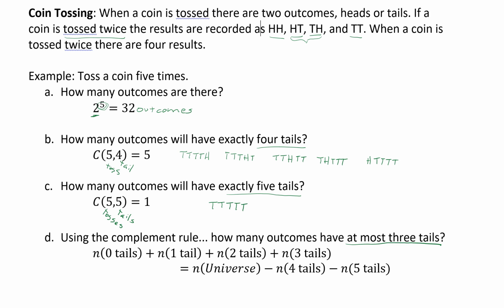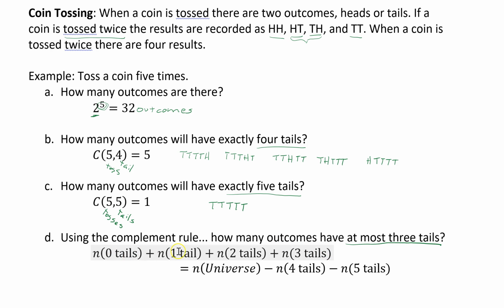In part D, we're going to take a look at using the complement rule. You've used the complement rule in other problems and lectures. So here the question is, how many outcomes have at most 3 tails? We want to look at situations where there's either 0 tails, 1 tail, 2 tails, or 3 tails at most.